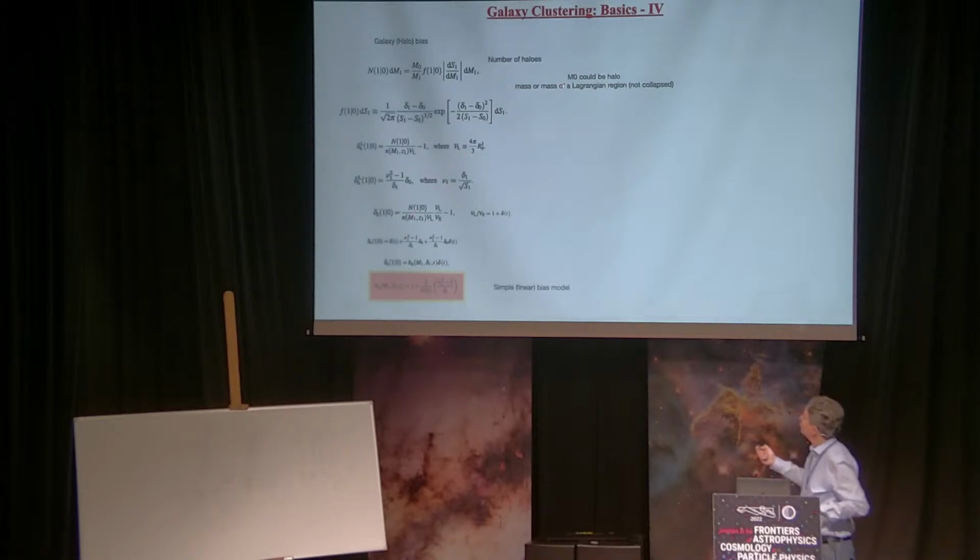You interpret M0 as a halo, but it could also be a region which later on will undergo collapse. And if you work out the numbers here, the key quantity is this nu, which is delta over the variance of your field.